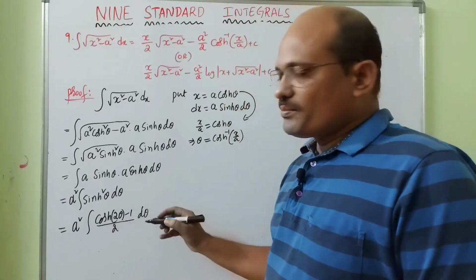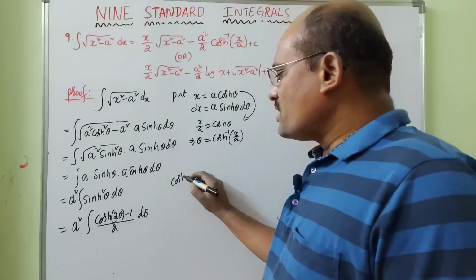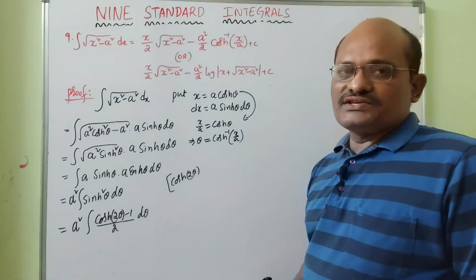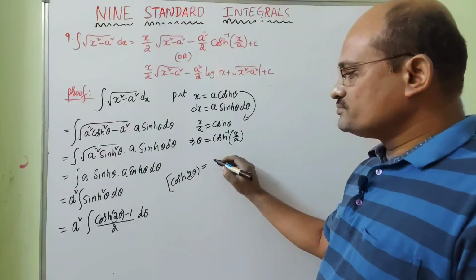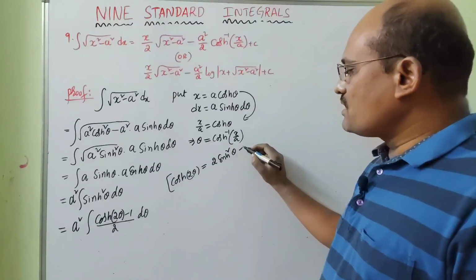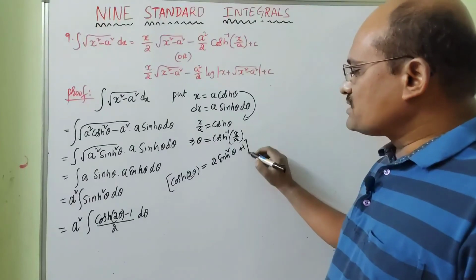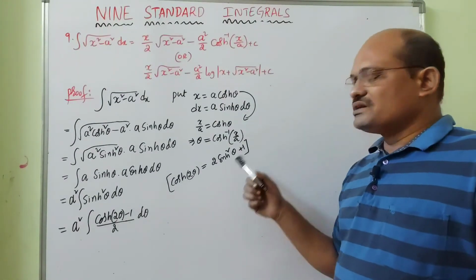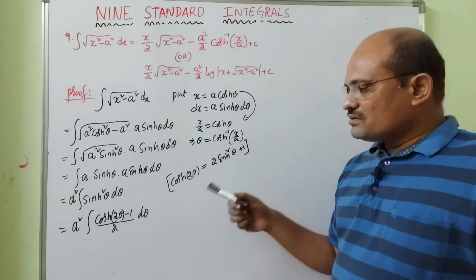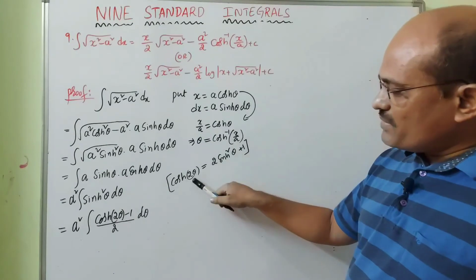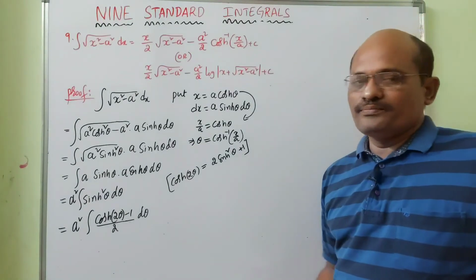This formula came from the formula in hyperbolic functions: cosh of 2 theta is equal to 2 sinh square theta plus 1. This is the formula you will find in hyperbolic functions. From this formula we got sinh square theta as cosh of 2 theta minus 1 divided by 2.